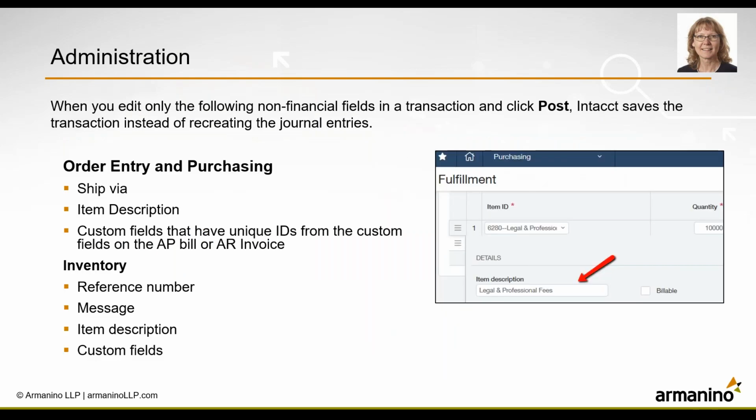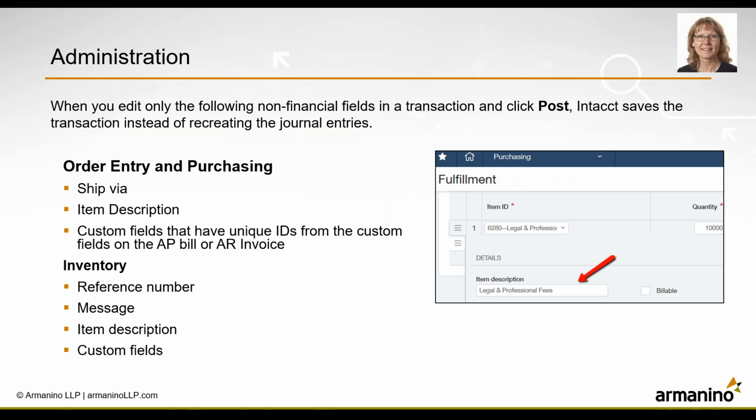I think I've got that on the next page here. Yeah, so when you're editing a non-financial field in a transaction and you click post, Intacct saves the transaction instead of recreating the journal entry. As you can see here in order entry and purchasing, if you change the ship via, the item description, or custom fields that have unique IDs from the custom fields on the AP bill or AR invoice, then Intacct is only saving the transaction.